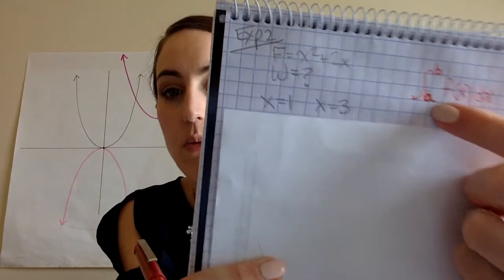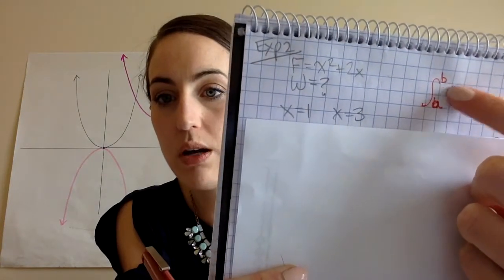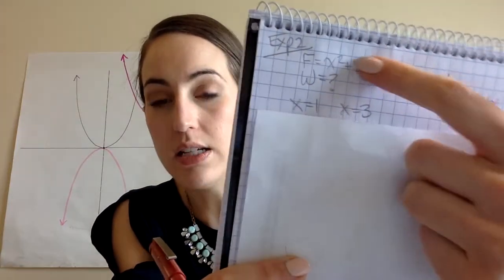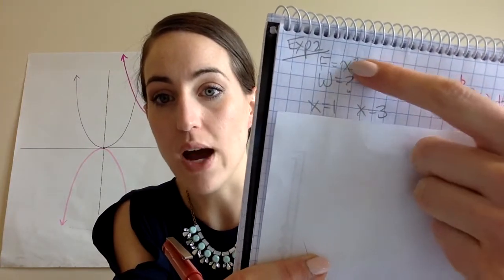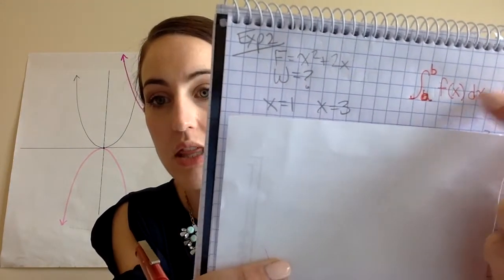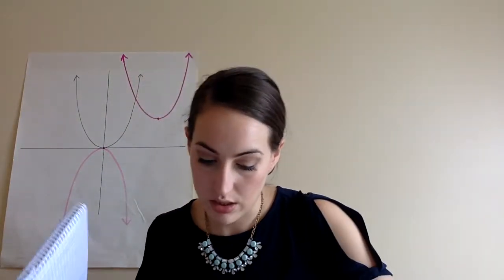So now I'm going to plug in what we know. I know my a is 1, my b is 3, my f of x is the force, x squared plus 2x. So I'm going to plug that binomial in for the f of x, and then write the dx next to it.